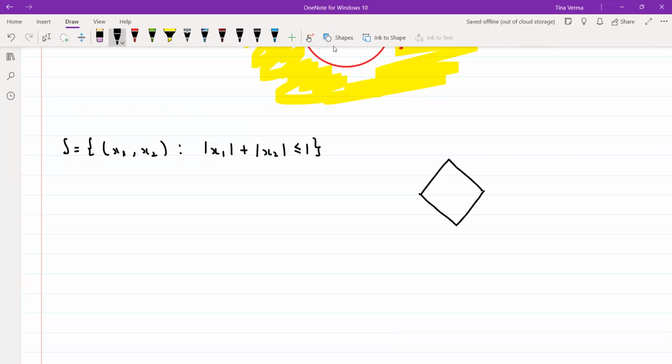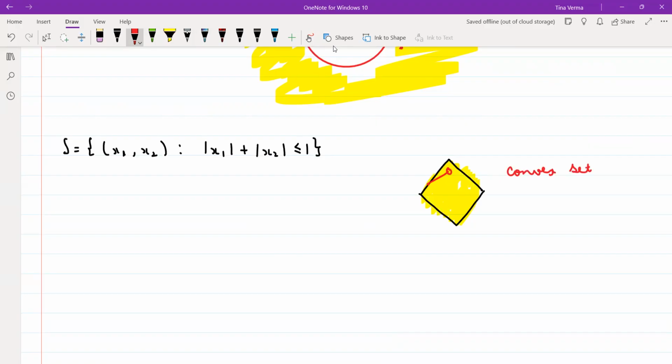Because you are saying the inner region, all the points here are your region S. To check whether this is convex or not, you can take 2 points anywhere. If you can join them by a line, then that set is a convex set. Is it clear?